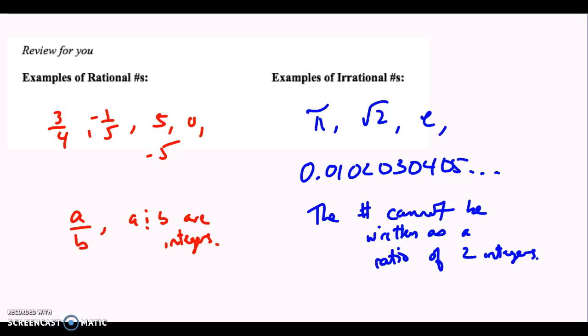We'll be using rational numbers and irrational numbers throughout this section and throughout the rest of the unit, so it is worthy to review the vocabulary and make sure you understand it on your own.